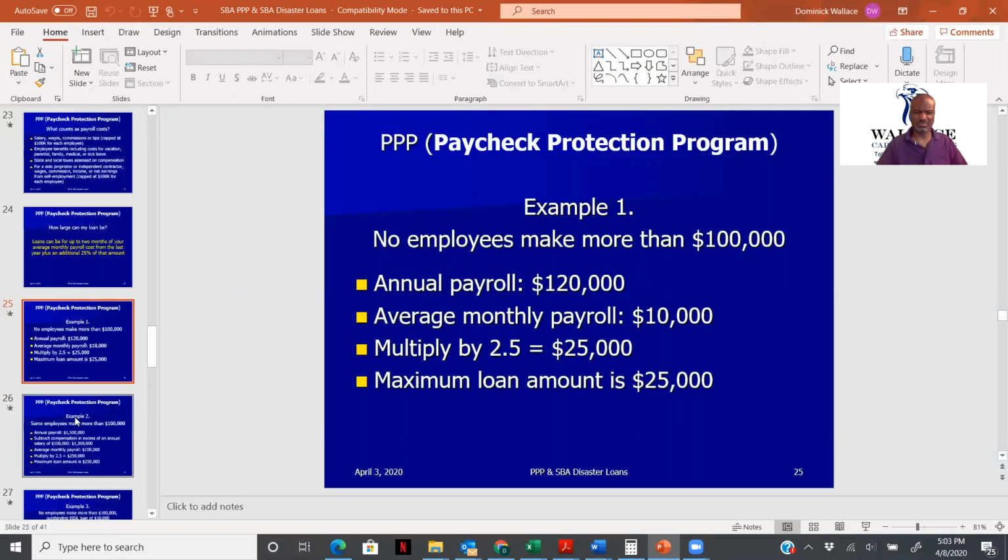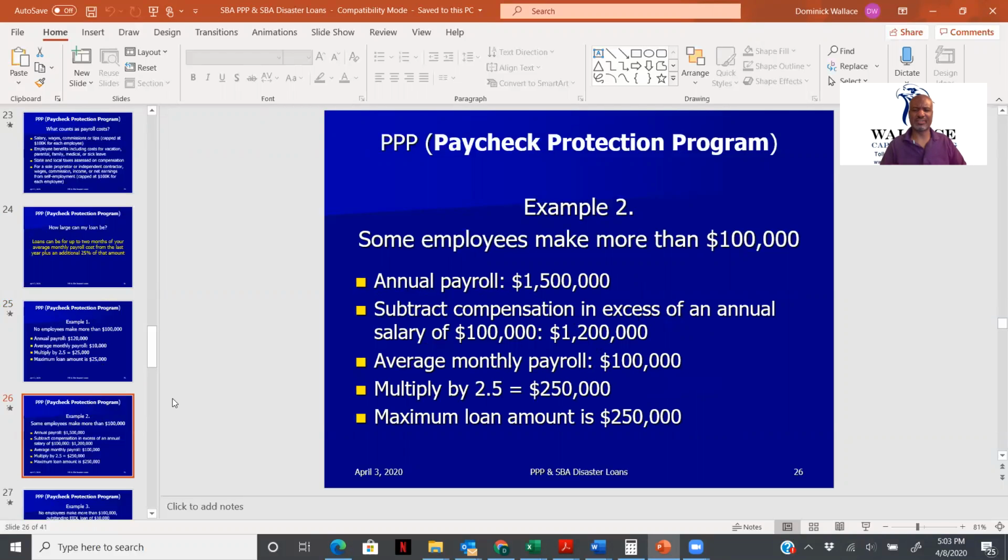Now let's just say some employees do make more than $100,000. Keep in mind, this is just the cash. The benefits associated with that are not included. Say you add it all up and the annual payroll amount is $1.5 million.